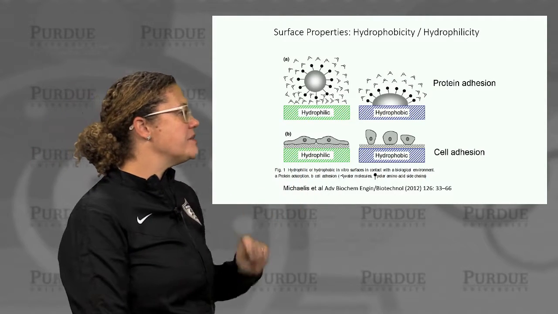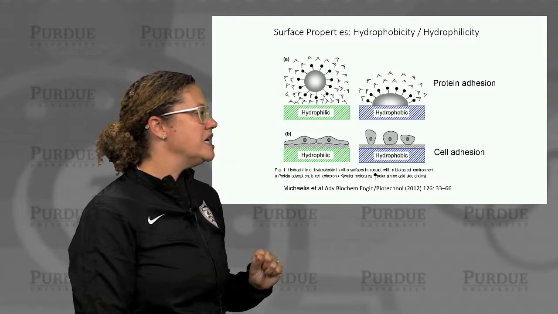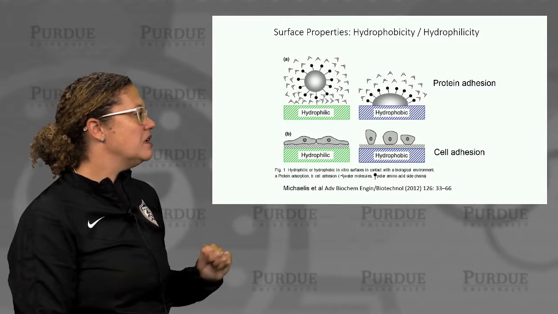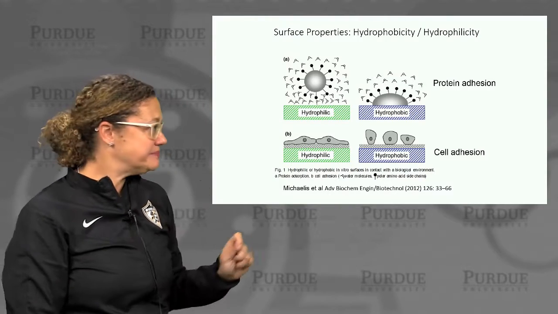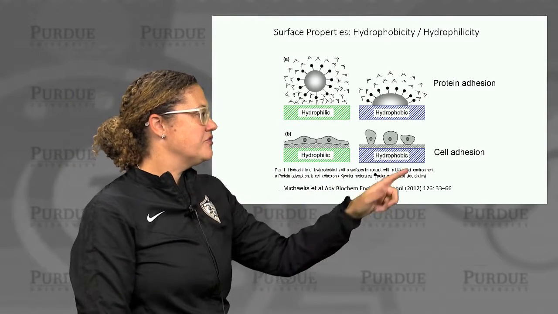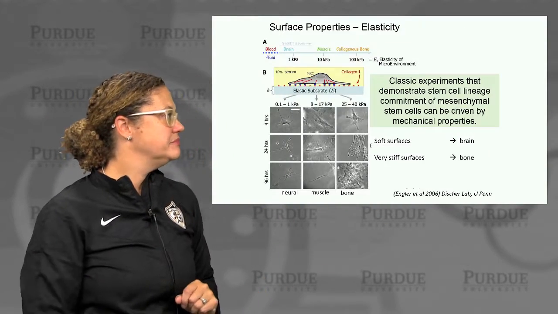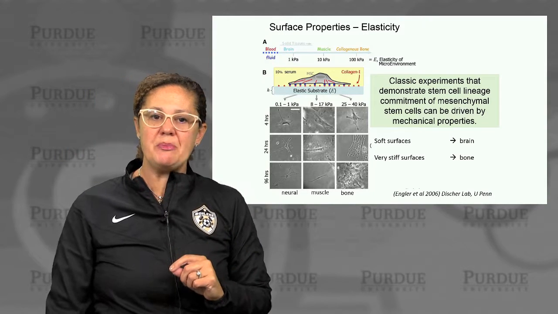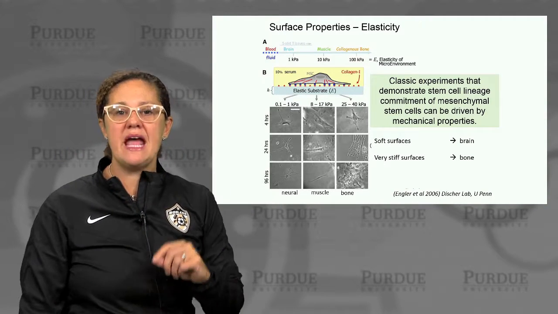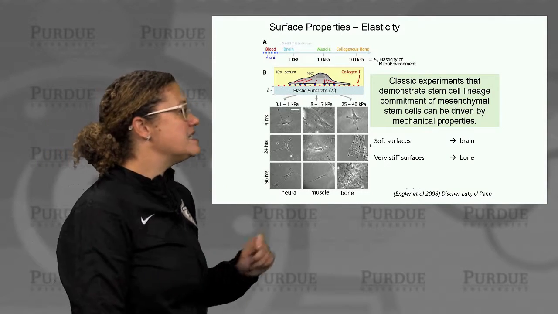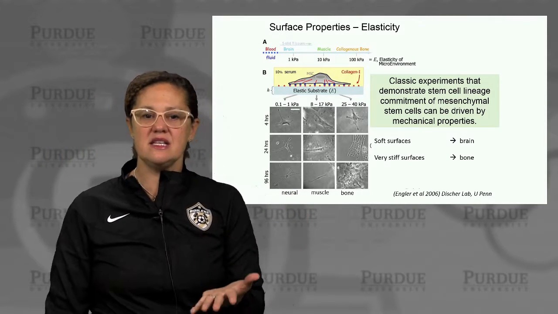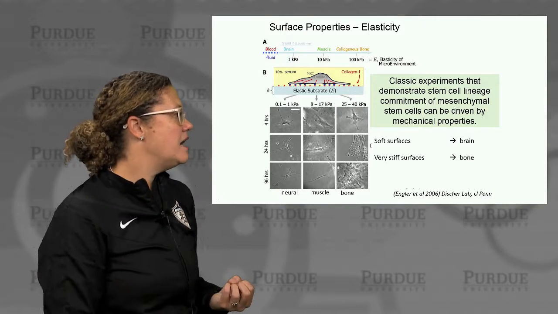And we can also think about it from a more zoomed out view, and how those cells will spread out and lay down on the surface in a hydrophilic state versus a hydrophobic state. Another very important property of the surface is the mechanical properties. One of those properties that's been looked at extensively is elasticity, the elasticity of that matrix.